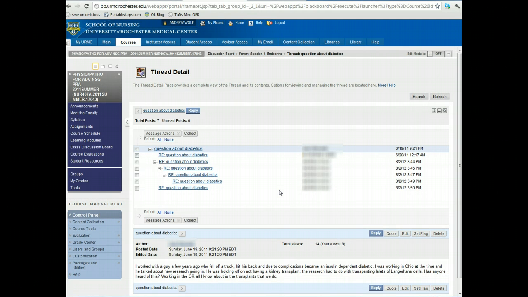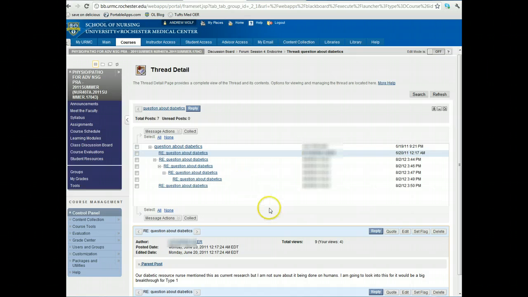Now you can see here there was an original post in which a student asked a question. "I worked with a guy a few years ago who fell off a truck, hit his back, and due to complications became an insulin-dependent diabetic." Now, this presented a discussion question, and we got a few responses to it.